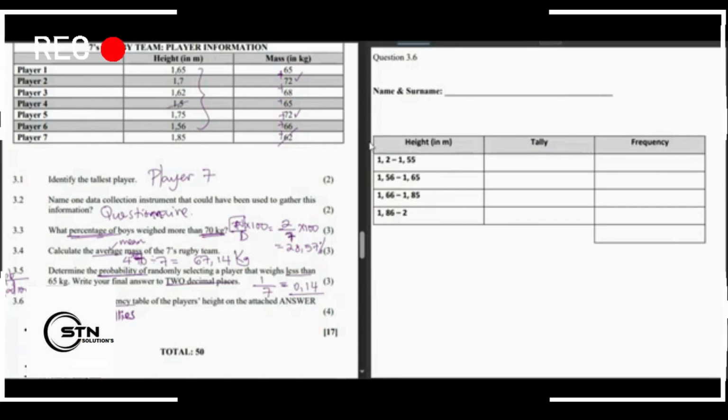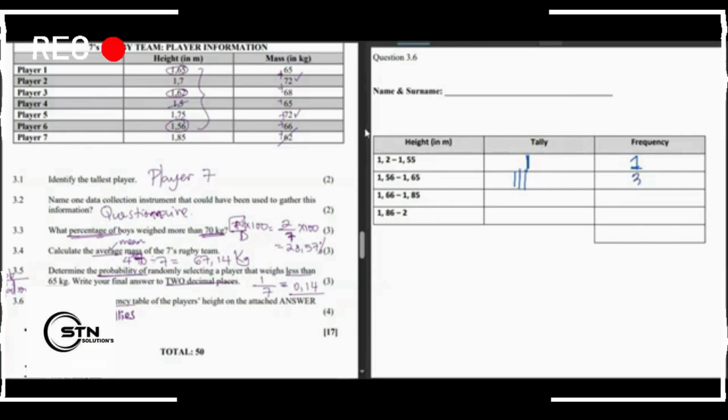Which is this one here. You come and draw one stick. Then here you write 1 as a number. All right, between 1,56 to 1,65. We have this, 1. 1,65, we have this, 2. We have that, 3. There's no other. So here we should have 3 sticks.